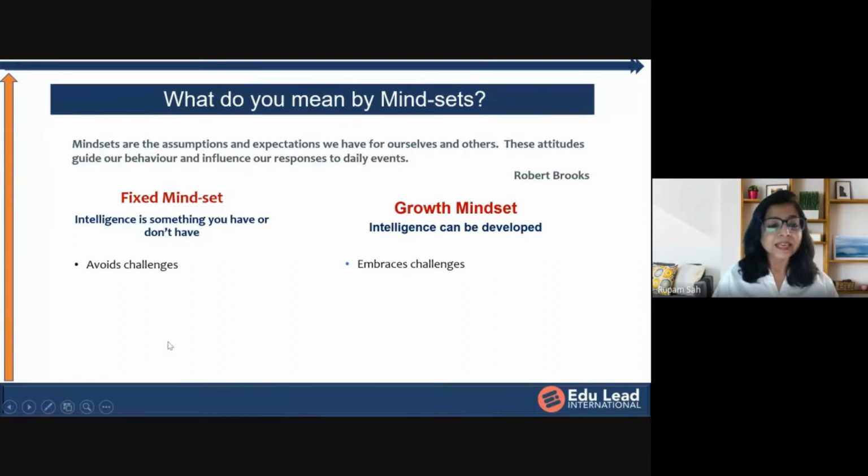Next, gives up easily. Even if the fixed mindset person is trying to do something new, but it does not happen, at the first failure they will give up. Try kiya tha, hua nahi, chhod diya, right? So that is fixed mindset. But if you are a growth mindset person, you will find that it keeps going when things get difficult.